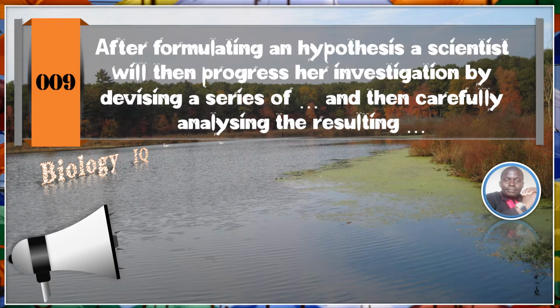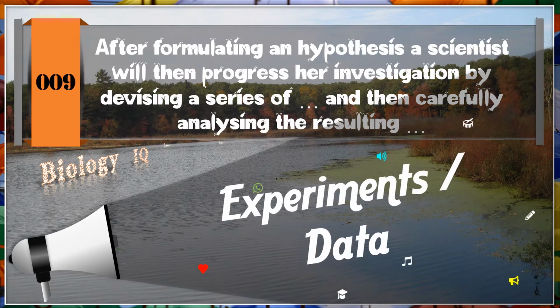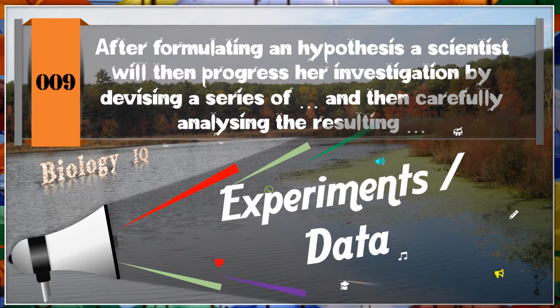After formulating a hypothesis, a scientist will then progress her investigation by devising a series of dash and then carefully analyzing the resulting dash. A series of experiments and analyzing the resulting data.